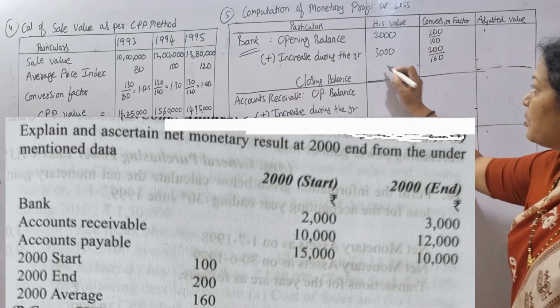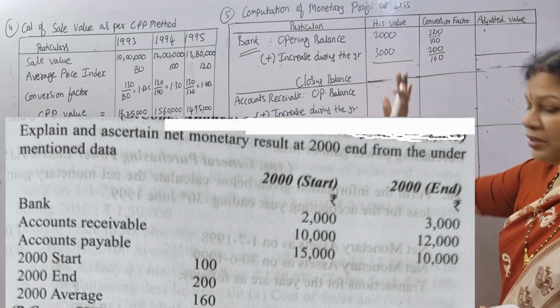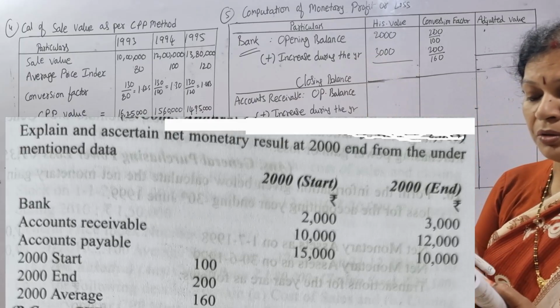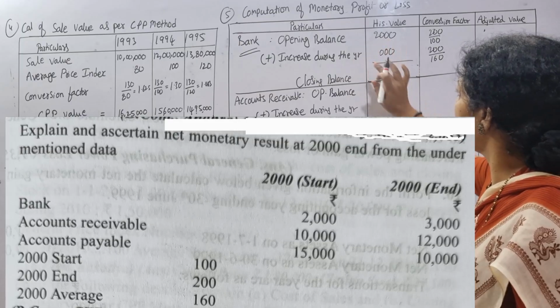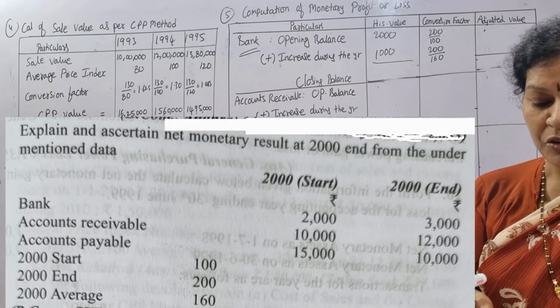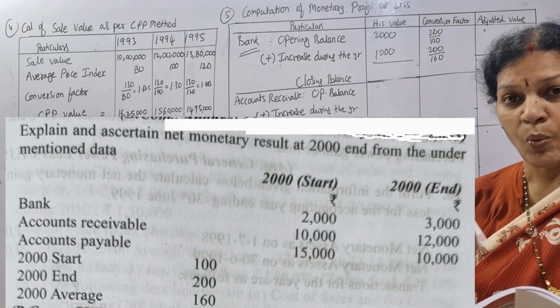We'll calculate it so that you'll get the closing balance. Shall I do the calculation? So this is increasing 2000 to 3000, it is increasing. So increase is how much? 1000 only, sorry. Increase is 1000 only. Bank is 2000. It has increased to 3000. Means how much increase? 1000.